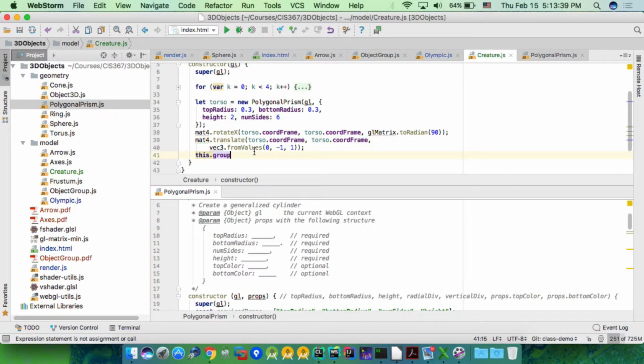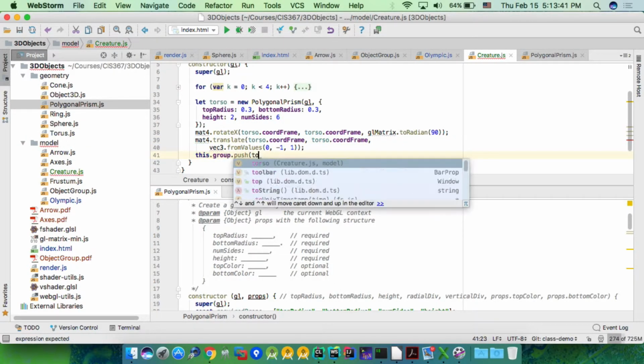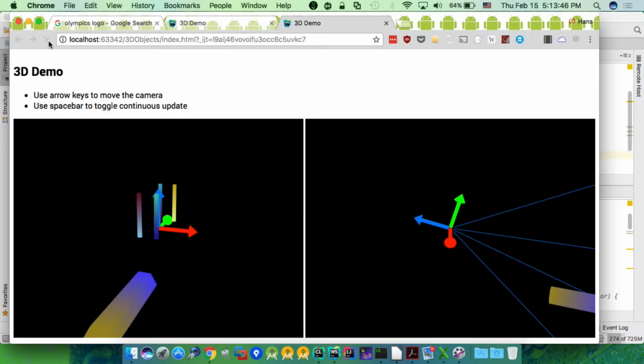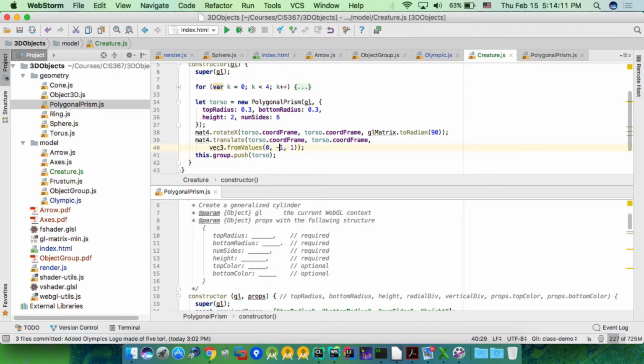And then let's push that torso. And let's see if we can see the body, the torso. Oh, wrong direction. I think we mixed up the minus and the plus. So it has to be a positive Y amount. Right? So positive Y amount and then positive Z amount. Okay, let's fix that.